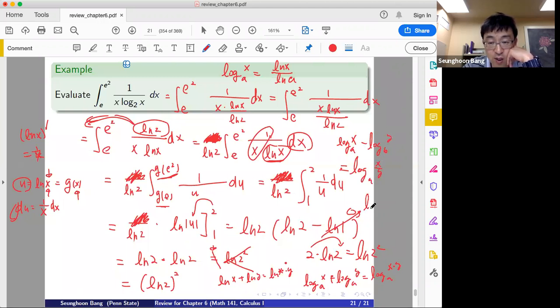The last one is r times log x with base a, which equals log of x to the power r with base a. Always the same as the ln function. You need to know all these rules, a good idea for preparing for your first midterm exam.